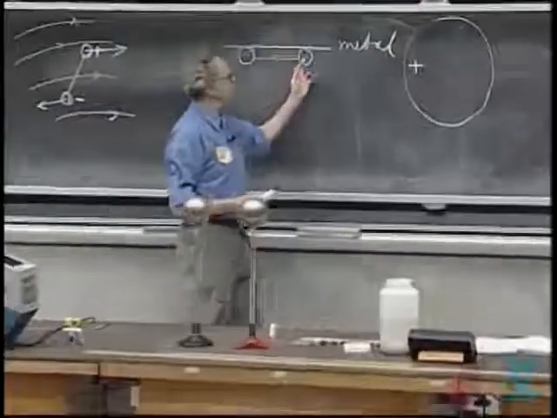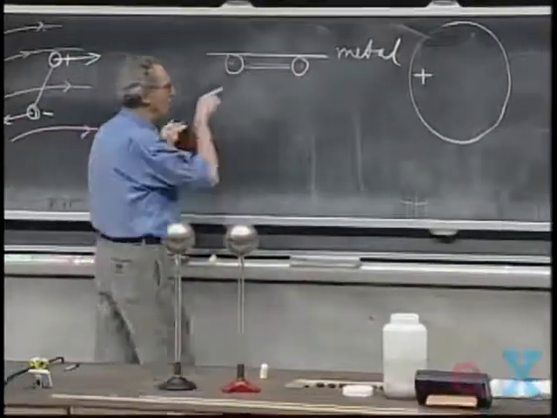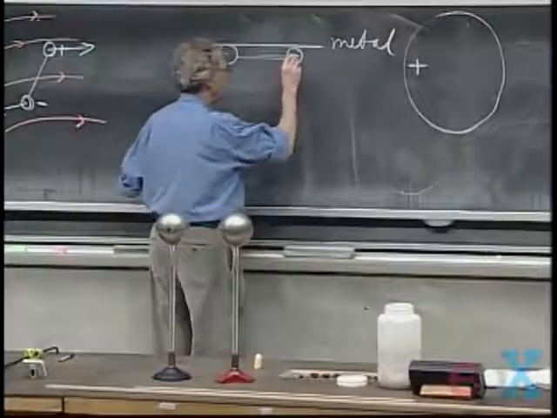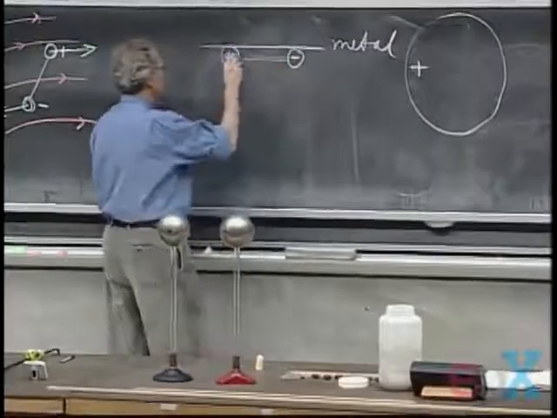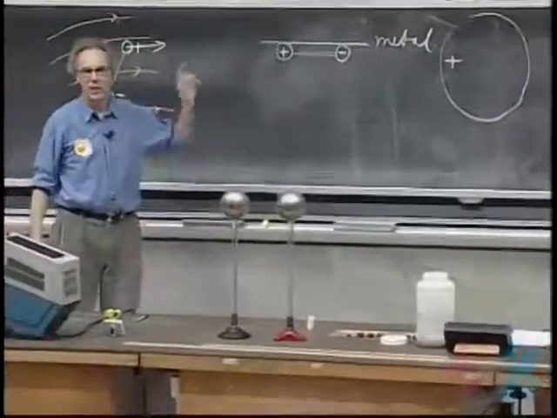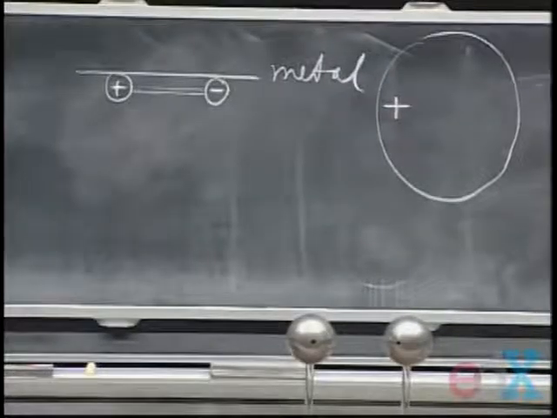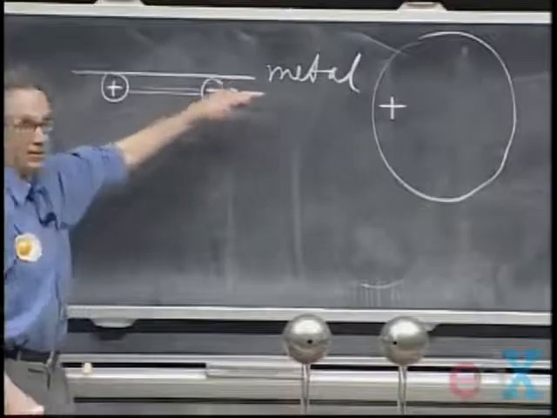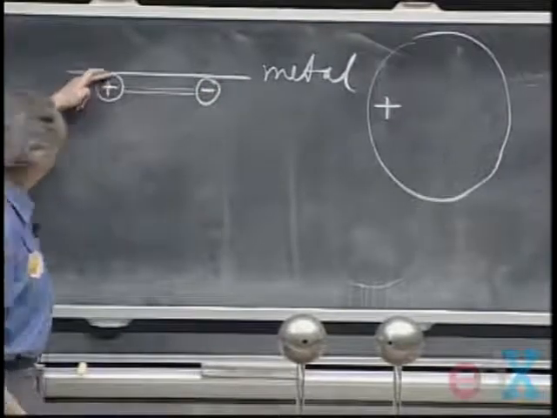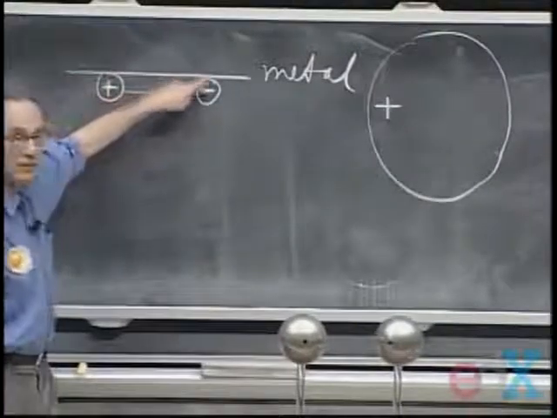What will happen now? Electrons want to go in this direction, so this becomes negative. Protons, positive charge stays behind. So that becomes, through induction, a dipole, because I have them connected with this metal bar. So these electrons can flow through this bar and end up here.